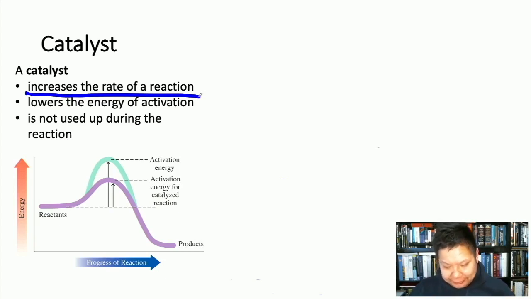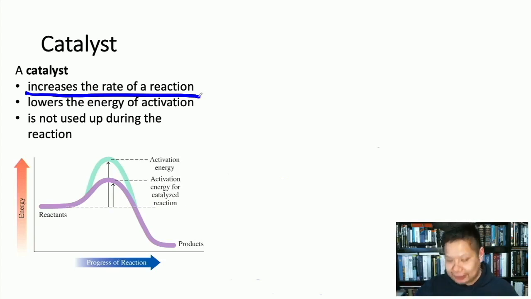How does it do that, though? Unlike the previous slide where we were adding heat or adding more reactants, where the activation energy actually stays the same, when you add heat or more reactants, that will speed up the reaction, but the actual activation energy required to get over that hump stays the same.